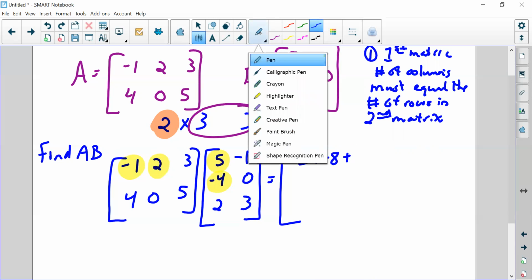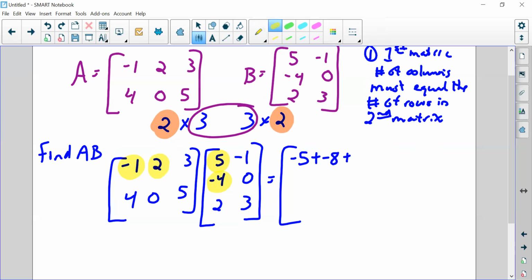Plus, continue going across and down. So now I take 3 times 2. What does that give us? 6. And I've done all the way across the first row, first column. So this is going to be my entire first row, first column answer when I simplify that down.